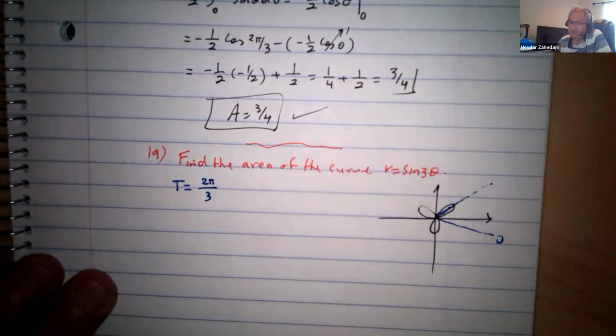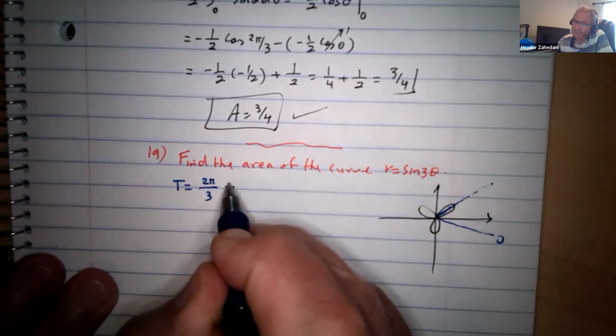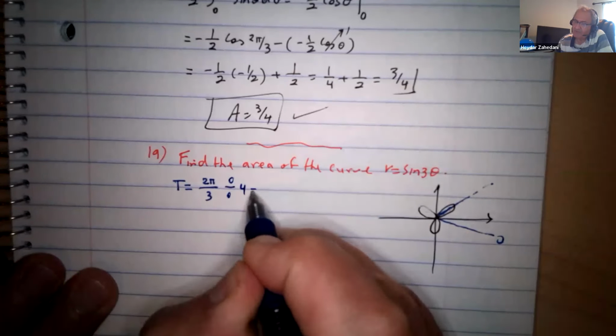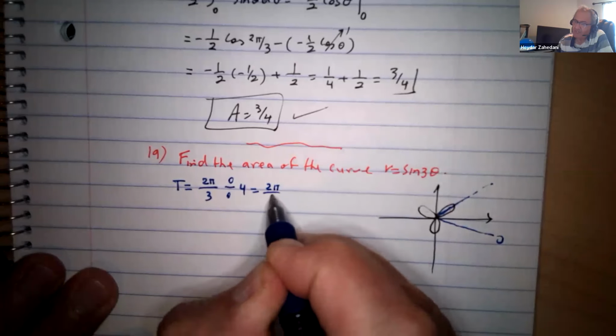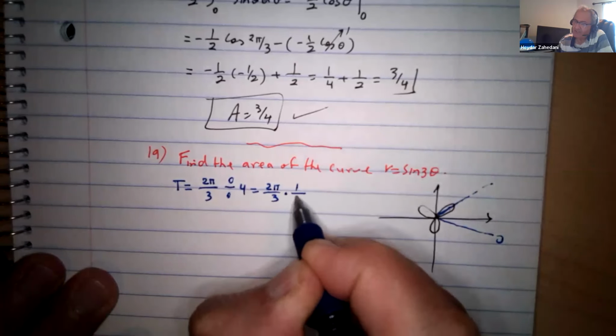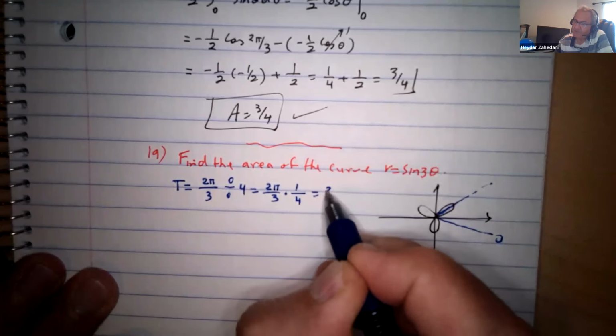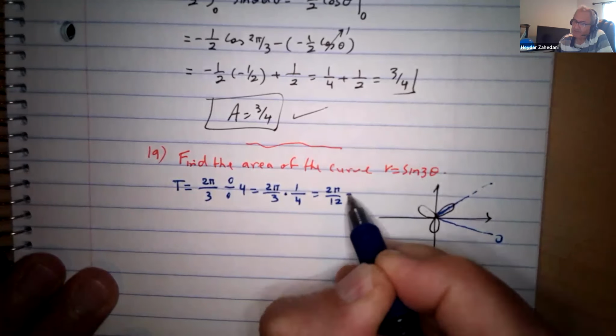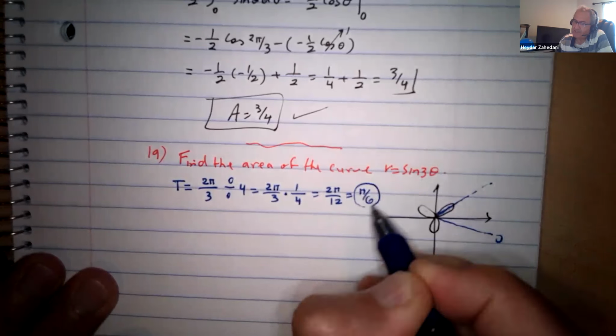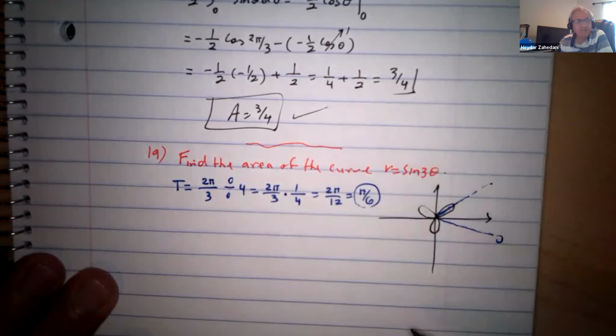That's going to be the period of the function, which is 2π third, 120 degrees. Then when we graph it in the trig function, we divide by 4 for the sine and the cosine. If you divide this one by 4, that gives you 2π third times a quarter. So that would be 2π over 12, which is π/6. So each of these portions is going to be π/6.